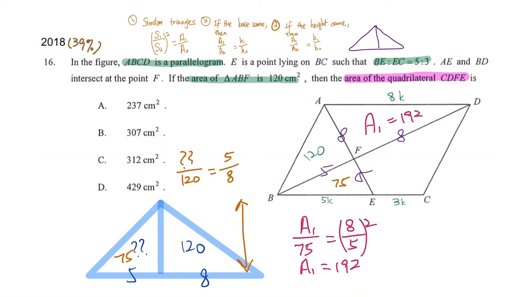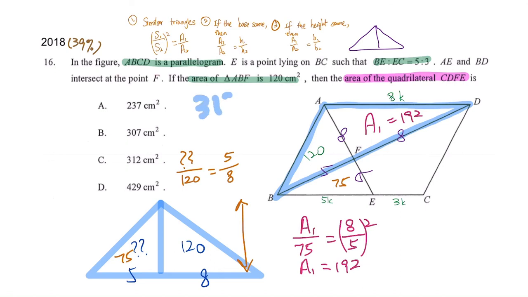But can you find this one now? Actually, it shouldn't be hard anymore. Remember, this is a parallelogram. Another property is that the diagonal line cuts it into halves, so this side's area equals this side. What is that side in total? 192 plus 120.